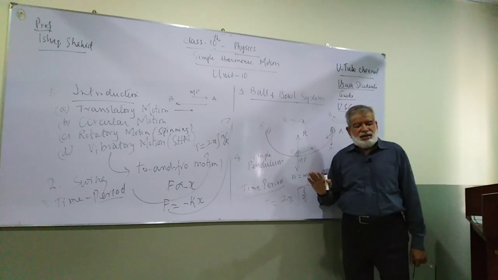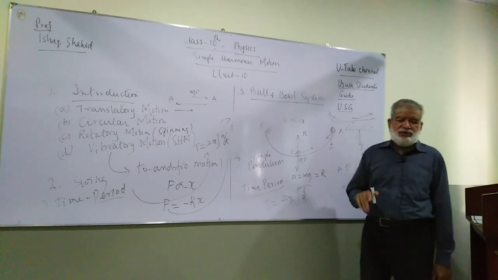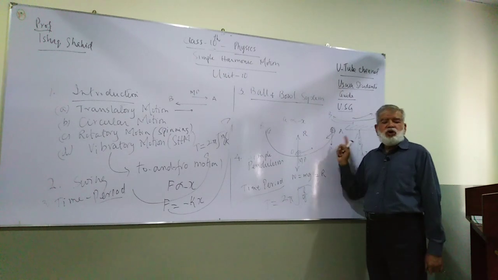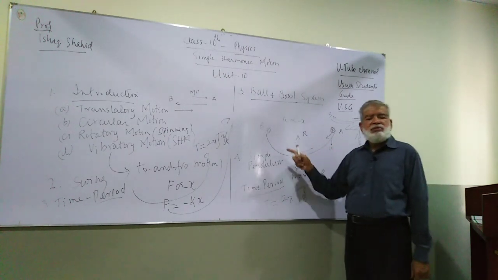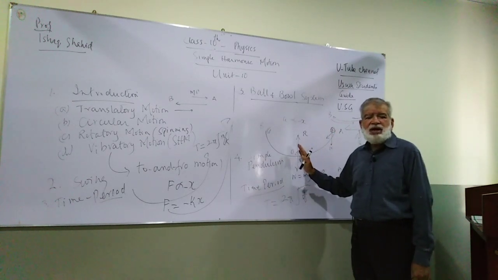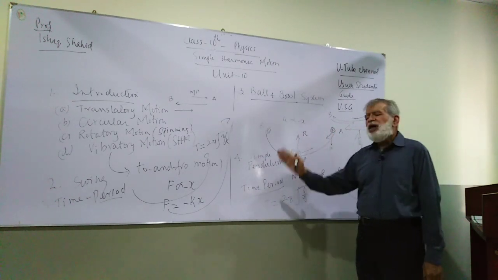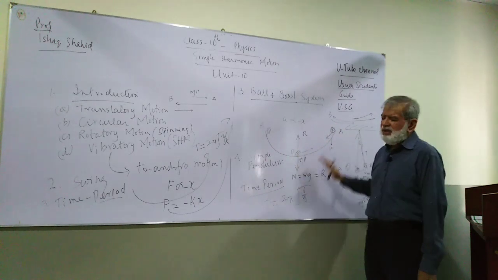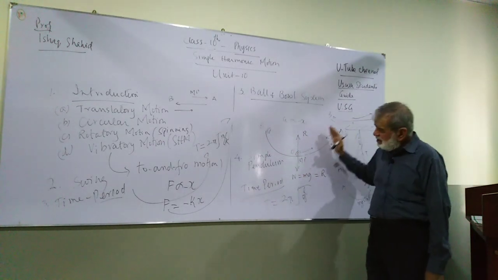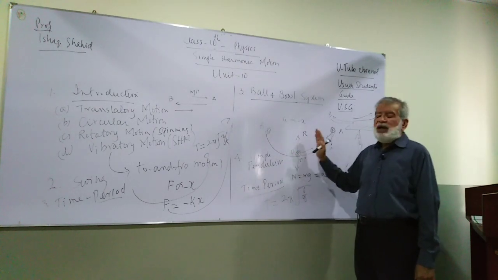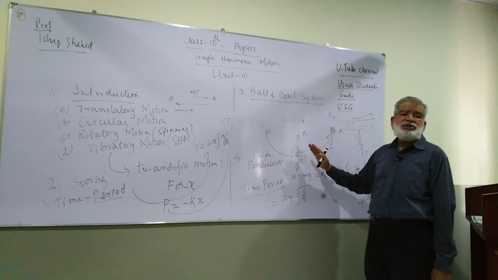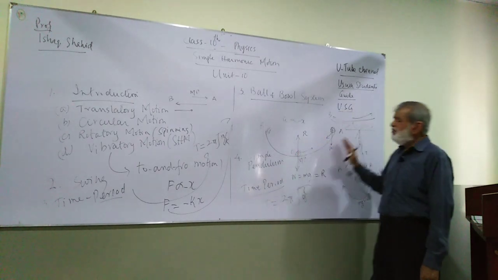I come again, the main features of simple harmonic motion, that is, what are its characteristics? First, anybody performing simple harmonic motion moves to and fro about a mean position. Number 2, the acceleration is always towards the mean position. Number 3, its magnitude is always proportional to the displacement from the mean position.